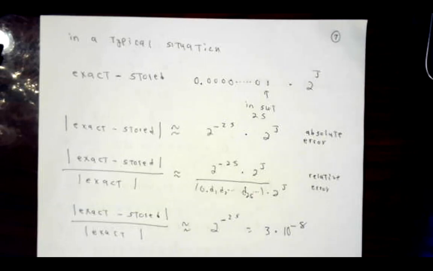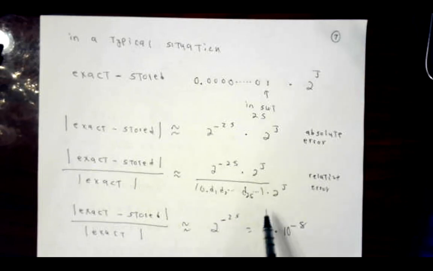So in a 32-bit real, if you take an exact college algebra type real number and slap it into the computer, typically what's going to happen is the relative error is going to be roughly this size. The 2 to the j's cancel out.